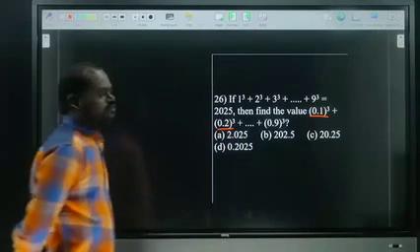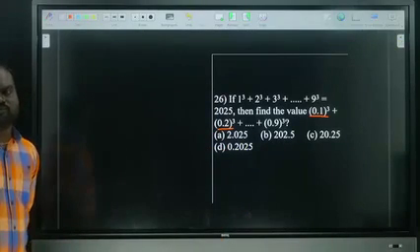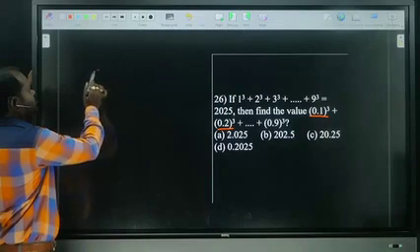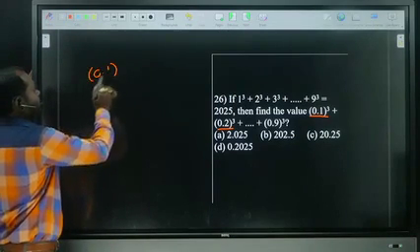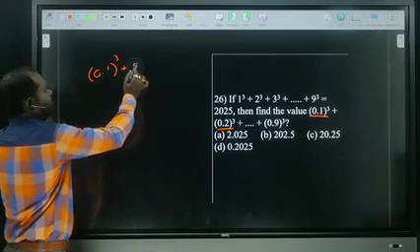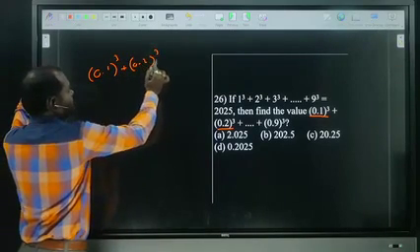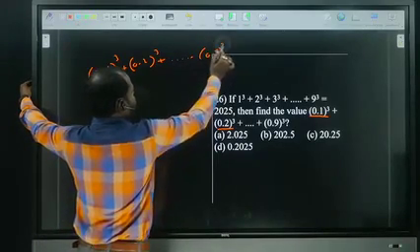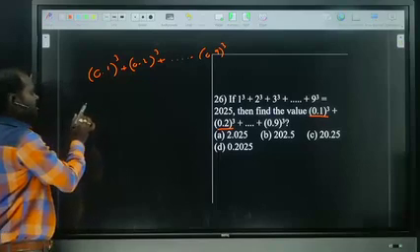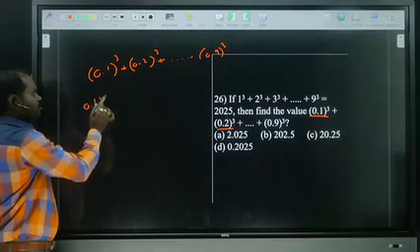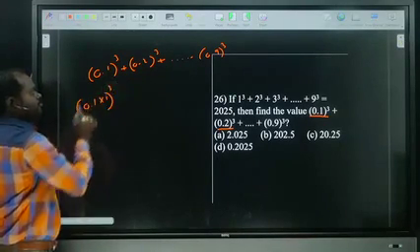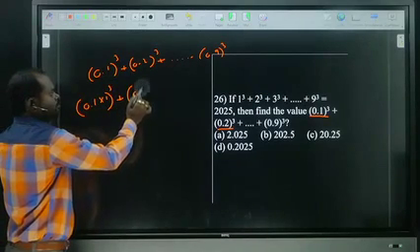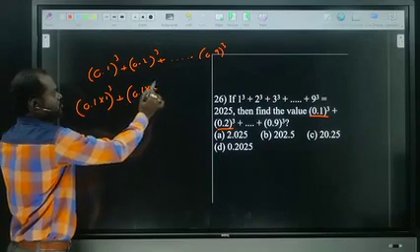Now if you observe carefully, 0.1 cube plus 0.2 cube, so on up to 0.9 cube, this one we can break as 0.1 into 1 cube. Okay? This one, how can I break, 0.1 into 2.